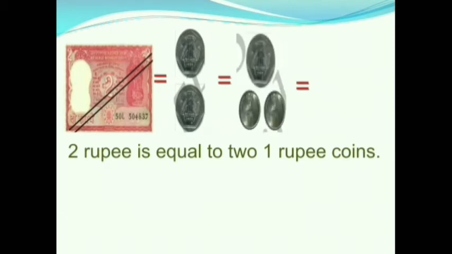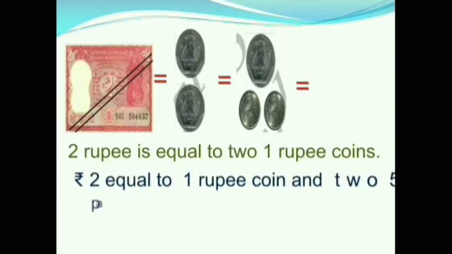Next we have one 1 rupee coin and two 50 paise coins. What cost will we get when we add these three? 50 paise plus 50 paise is equal to 1 rupee. 1 rupee plus 1 rupee is equal to 2 rupee. 2 rupee is equal to a 1 rupee coin and two 50 paise coins.